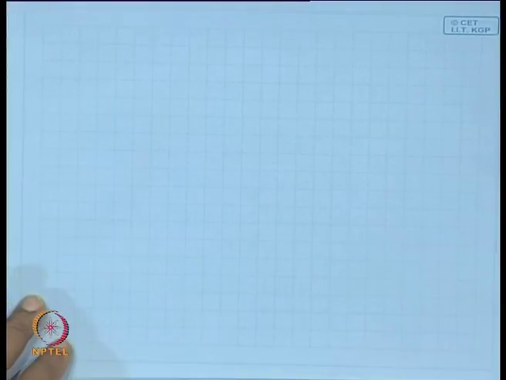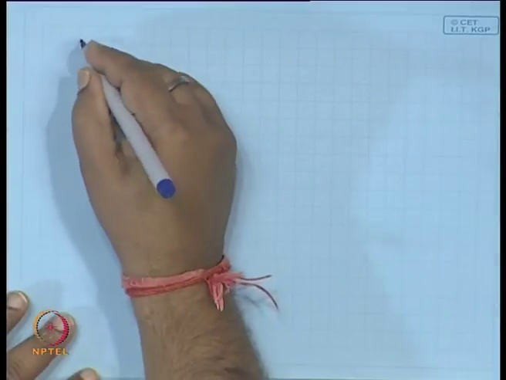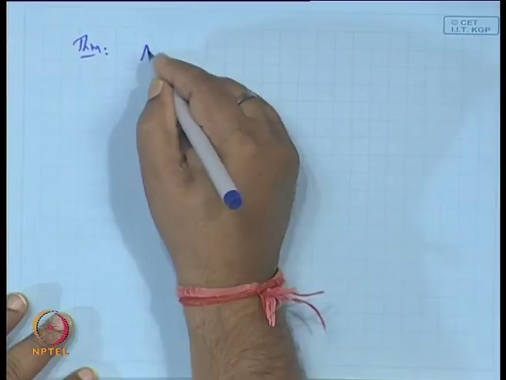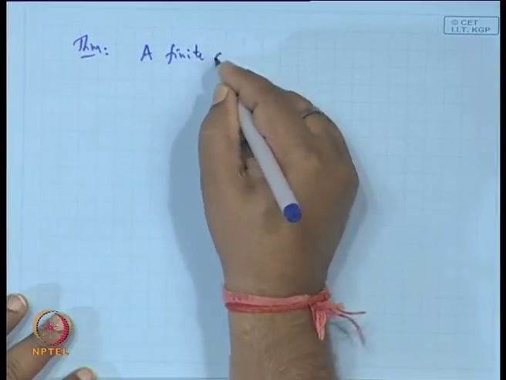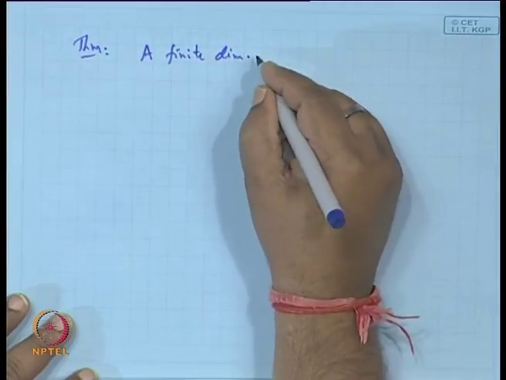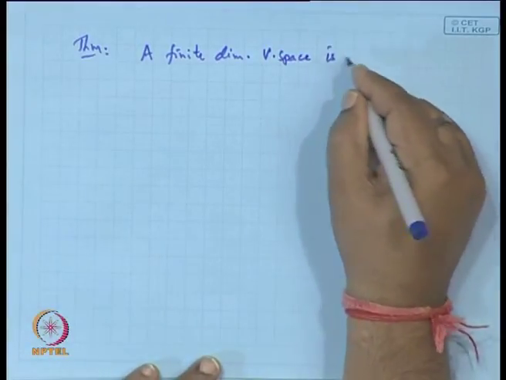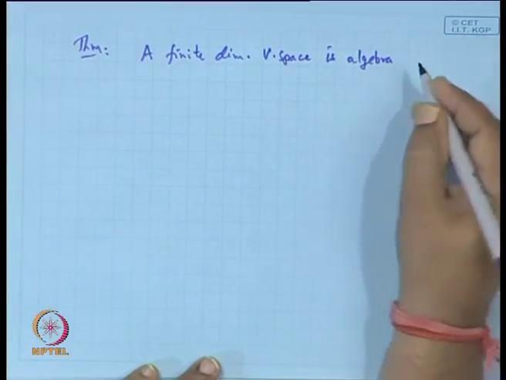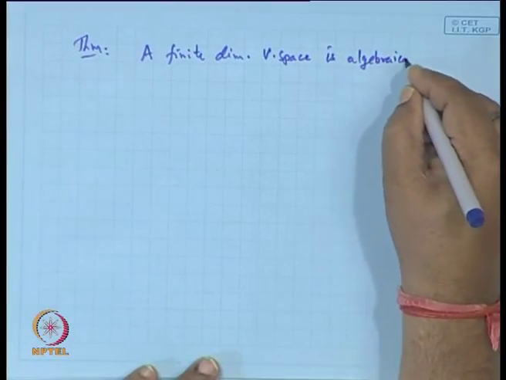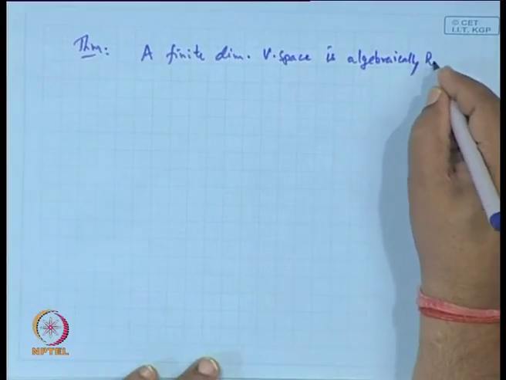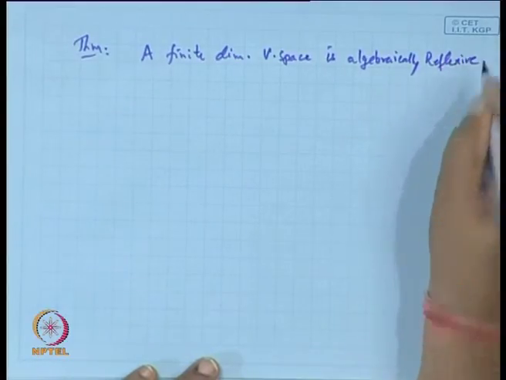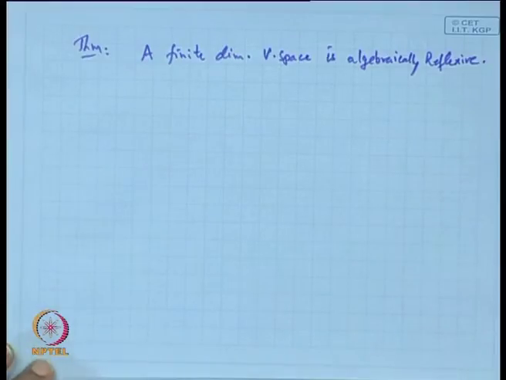Now, interesting is that a finite dimensional vector space is algebraically reflexive.